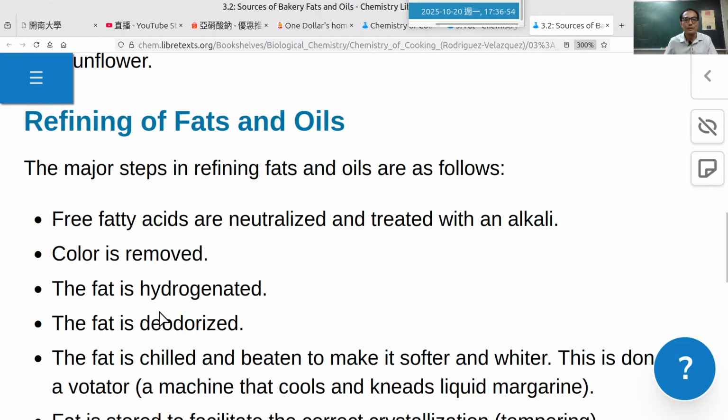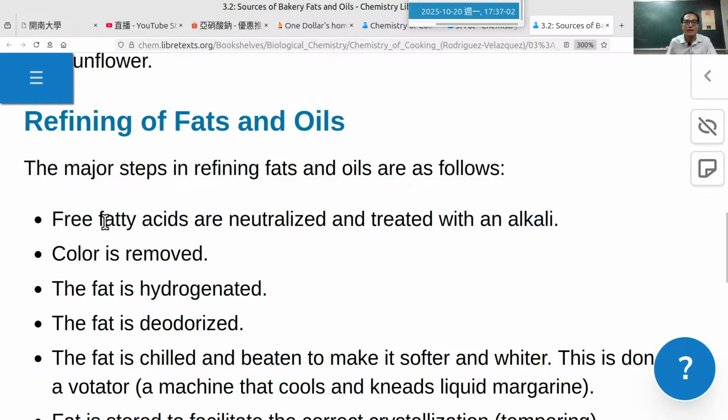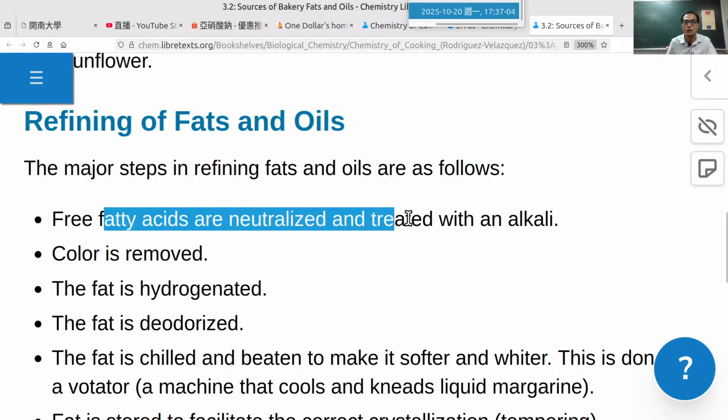The major steps of refining fats and oils are as follows. First one, free fatty acids are neutralized and treated with an alkaline.